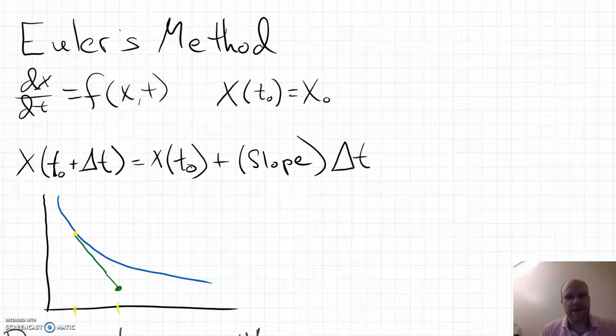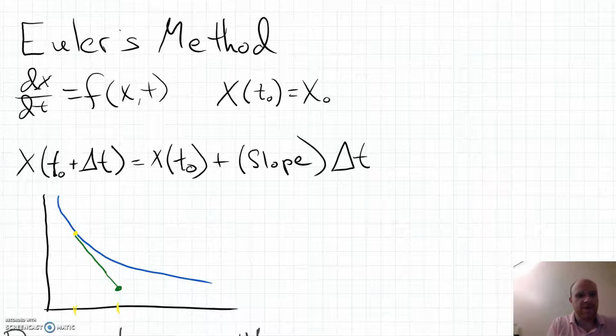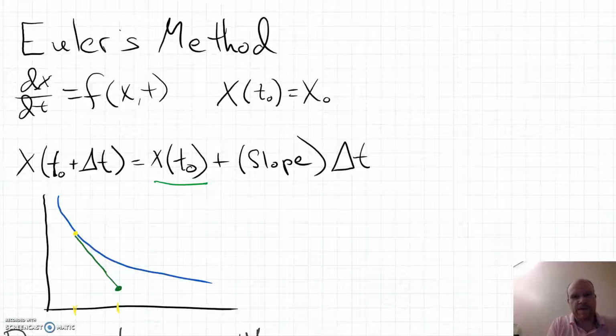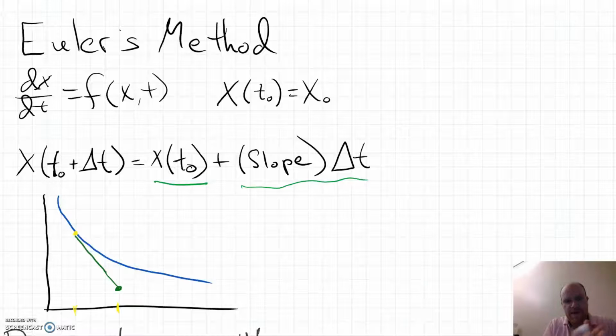It's basically a simple method to estimate the value of an ODE function given an initial value. So here we can see we've got an example of a differential function f, and what Euler's method basically does is it starts with your initial value, and then you add to it the slope at that point times the step.